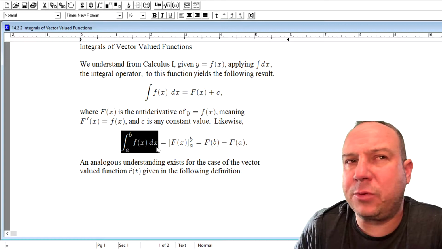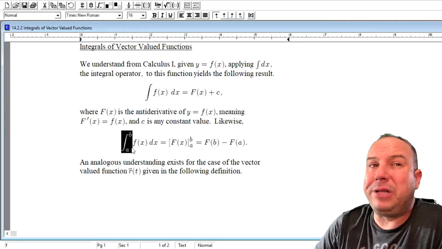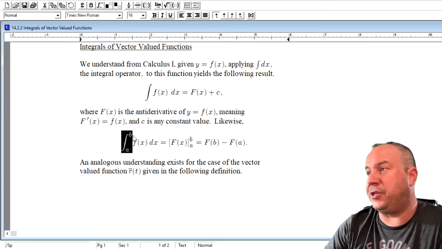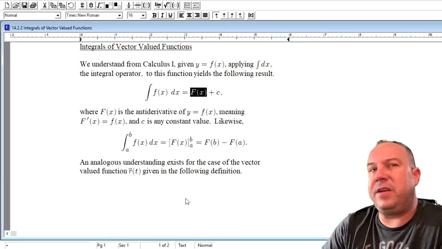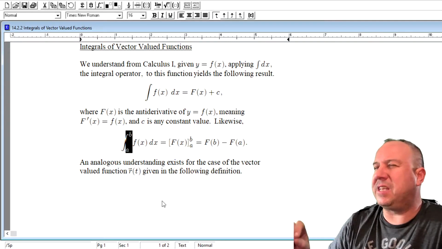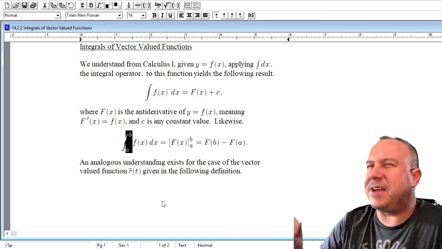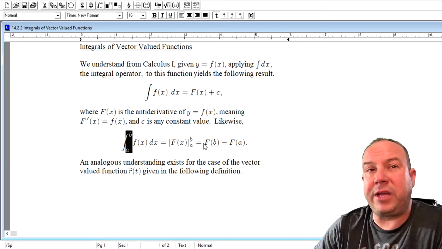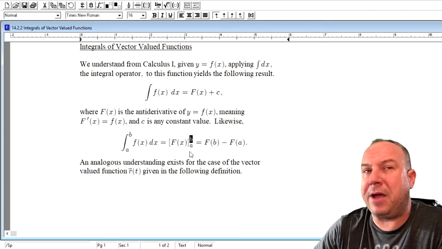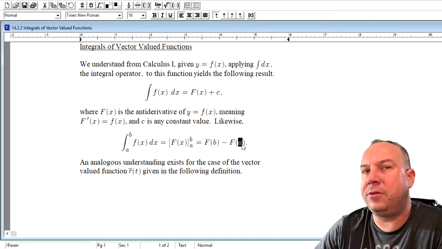Likewise, if we flip on the switch and make it a definite integral and place some bounds on our integration, we are going to now use this antiderivative along with these bounds, and what we say is evaluate the antiderivative across those bounds. What we mean by that is we are going to evaluate big F at the upper bound of b and subtract from it the value of big F at the lower bound of a.